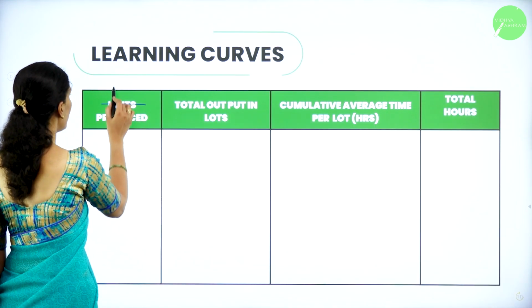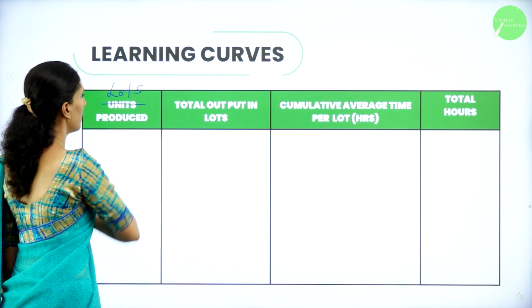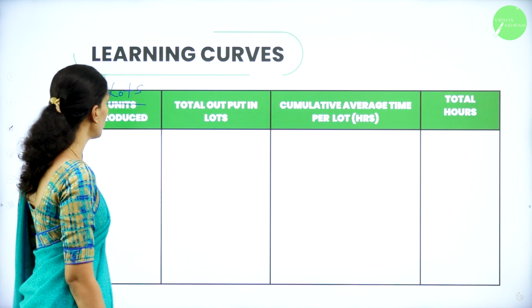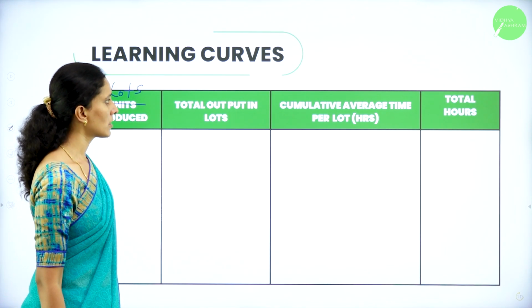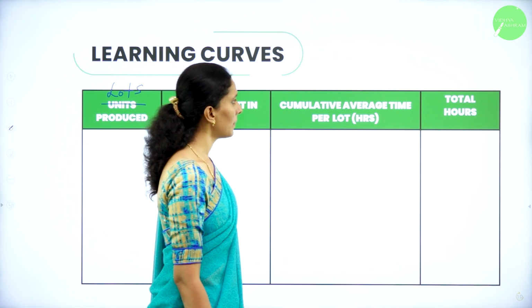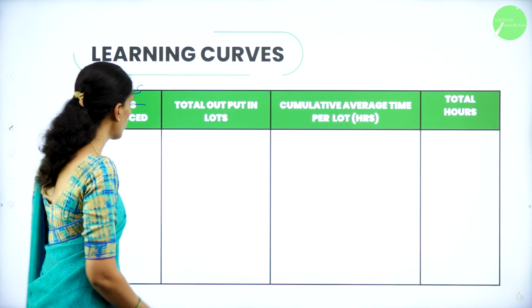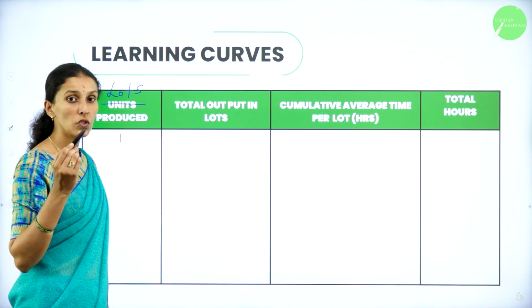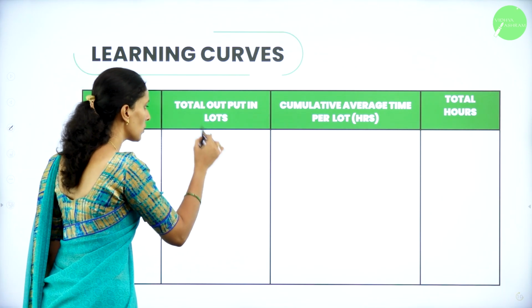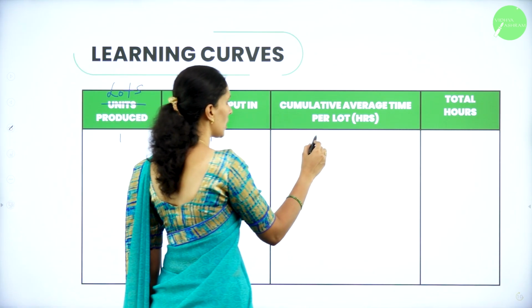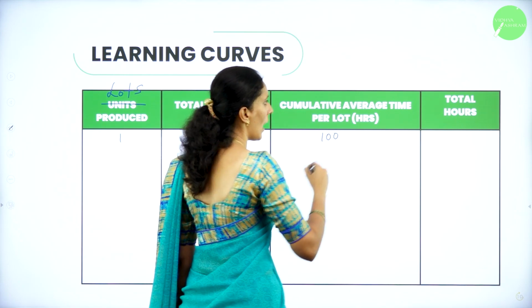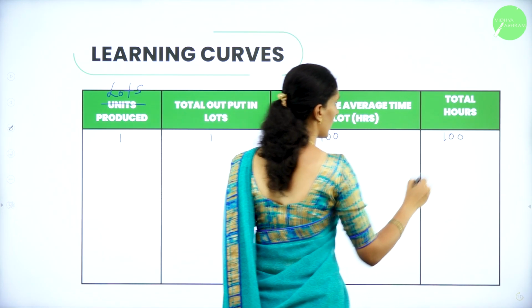So here, let me take it as lots. Lots produced, total output in lots, cumulative average time per lot, total hours. So for one lot, that is to produce 10 units, total output is also 1, cumulative time taken was 100. And therefore total hours is also 100.